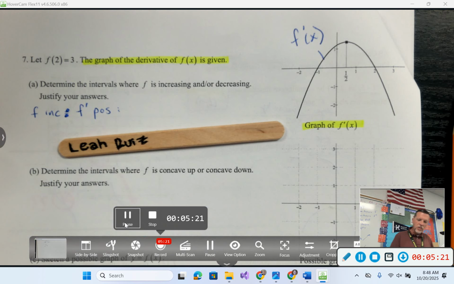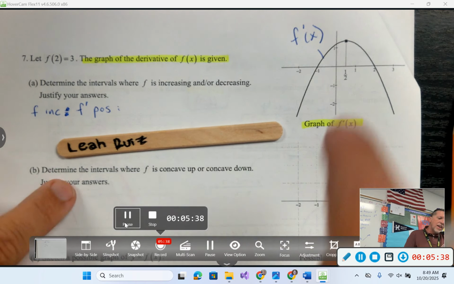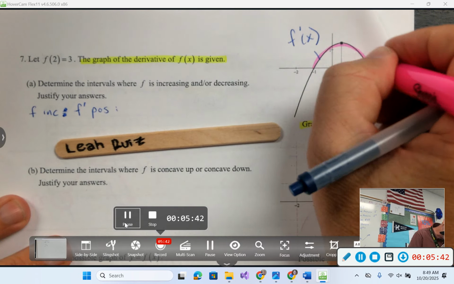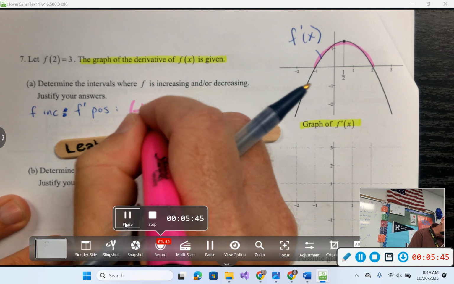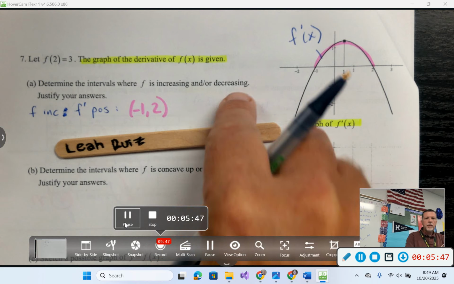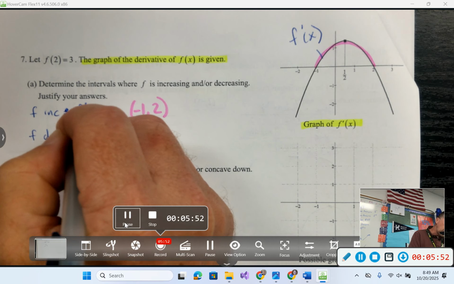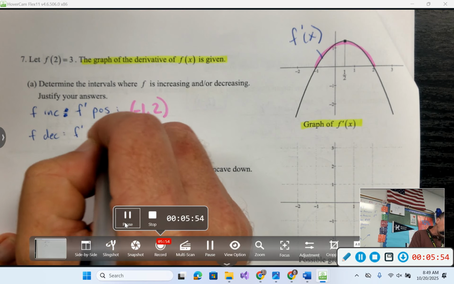So I look at my picture, Leah, and where is f prime positive? Good, because this is the graph of f prime. f prime is positive from -1 to 2. f is decreasing where f prime is negative.